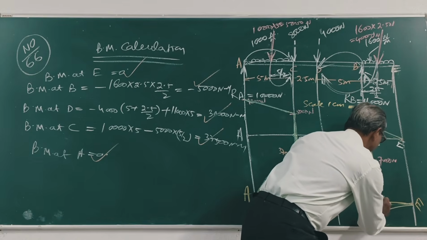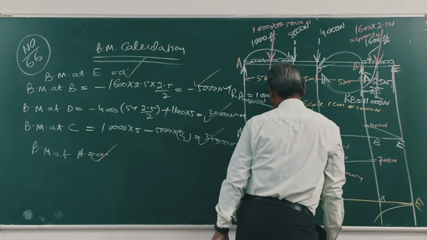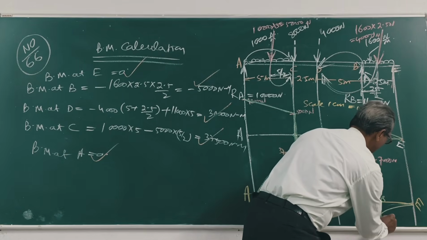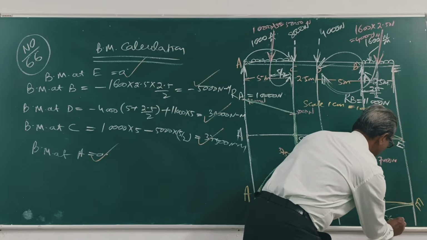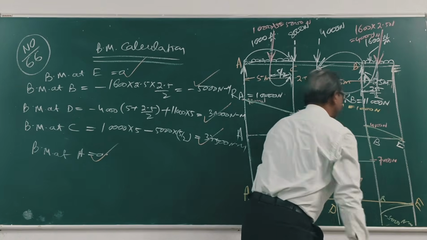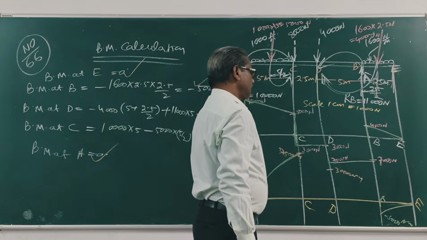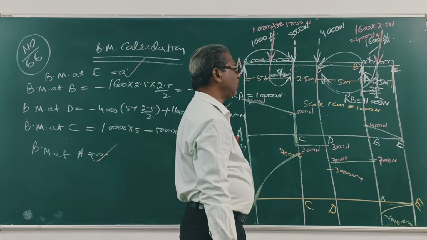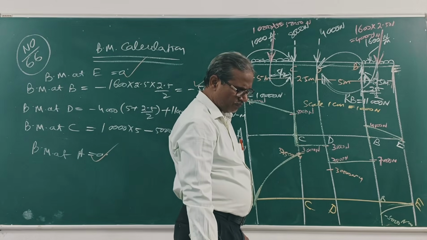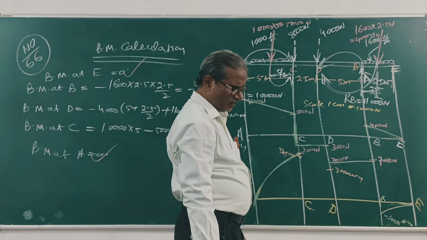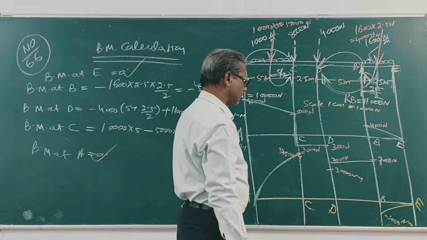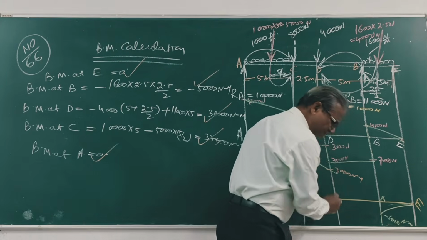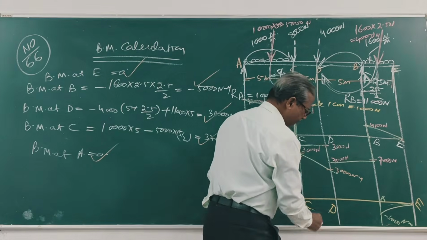At B, minus 5000 Newton meter. Clear? C to D is a straight line and D to B is also a straight line, because this is first degree in x. So this is a straight line, this is a straight line. Clear?